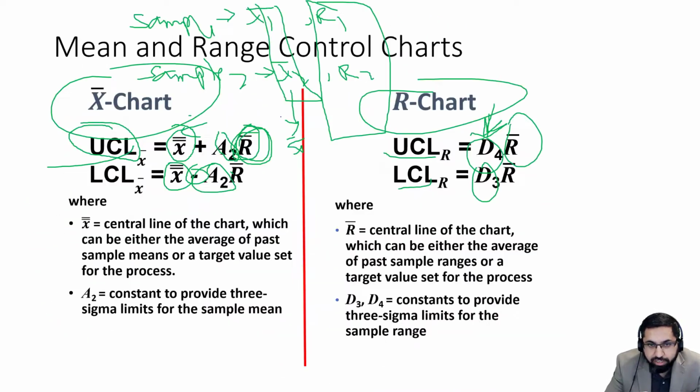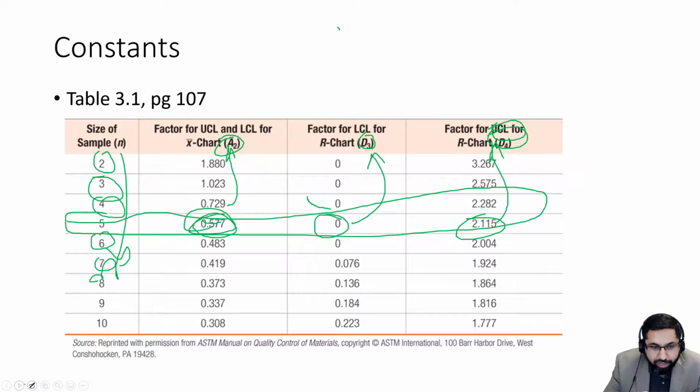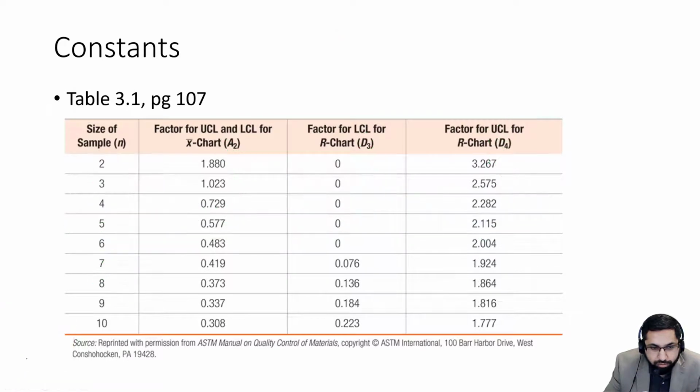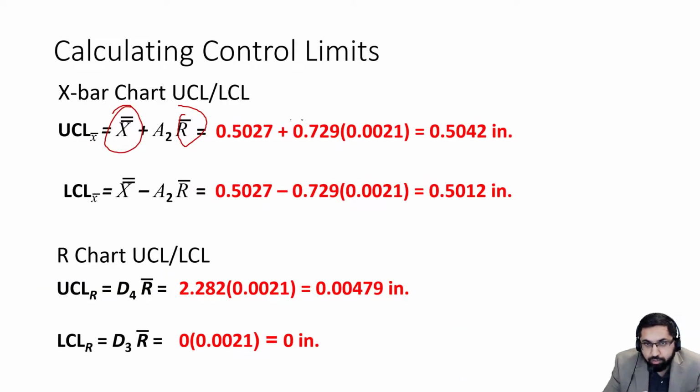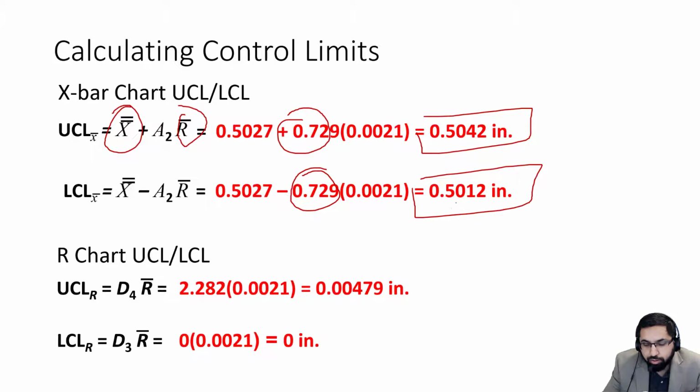So if we go back to this table, when n equals 4, okay, so you can see the 0.729 comes from that. And then our results are this. This will be a lower control limit, 0.5012, and a higher control limit, 0.5042.